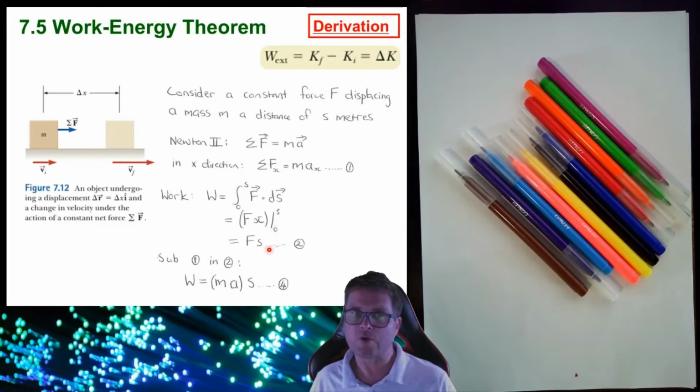So the work will be F times s. Perhaps you can see this very simply because we just have a block moving a distance s, so the work is going to be F times s. Substituting equation 1 in equation 2, we can see that the work is going to be given by mass times acceleration times s.